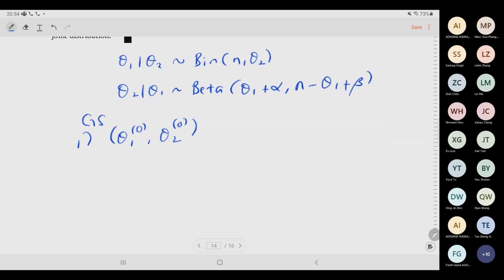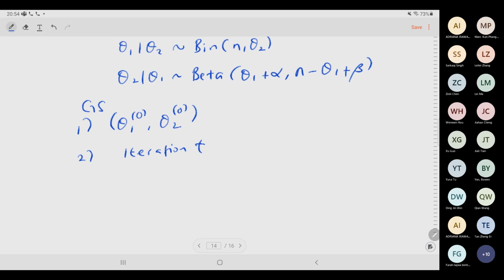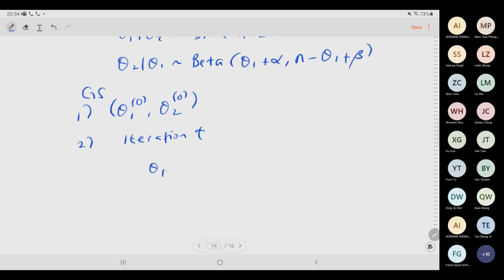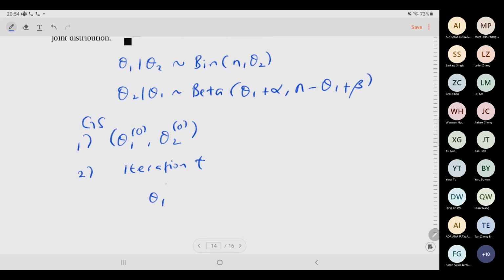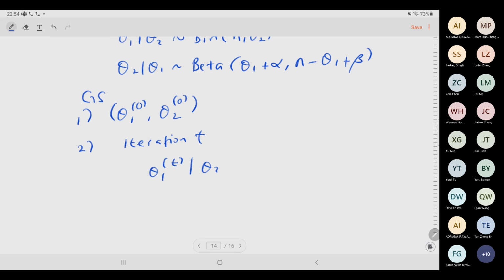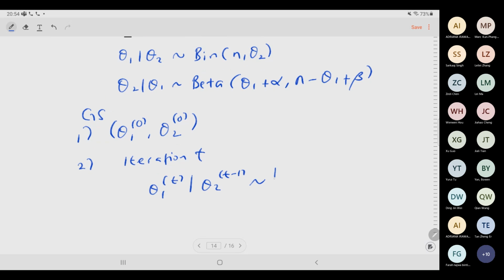Then at iteration t, we generate our theta 1 at time t, which depends on theta 2 at t minus 1. So it will be binomial with theta 2 at t minus 1.